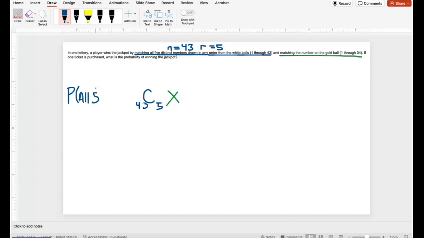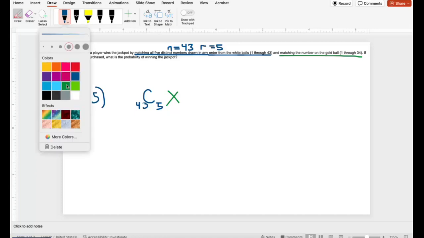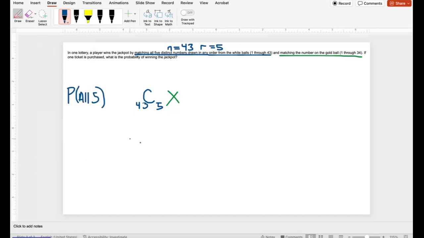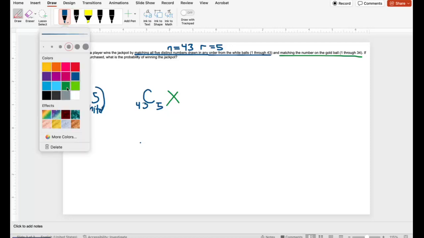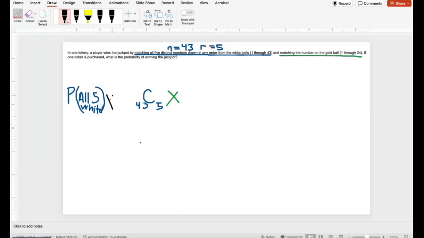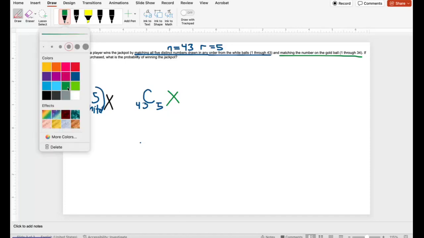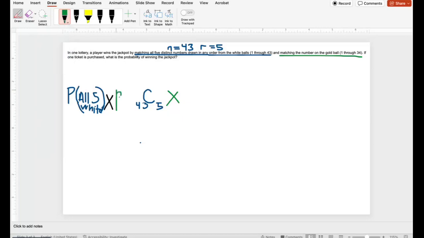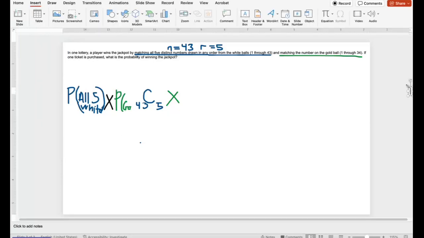Okay, times all 5 white. Does that make sense how I'm writing it? We're going to do that times the probability of the right gold one, right? I need to move this stuff over still. Still didn't leave myself enough room.